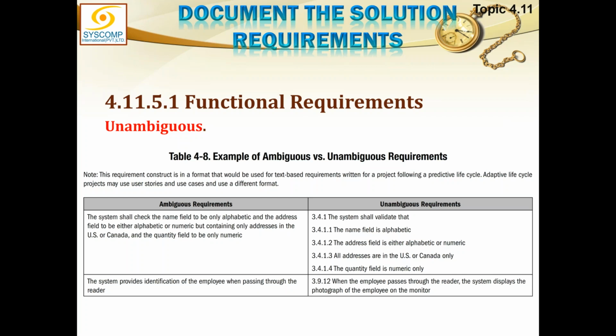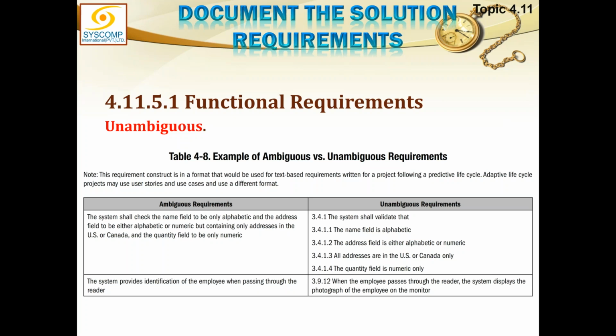So, a lot of things are given here, but these things have to be clarified one by one. So you should say the system shall validate: number one, name field is alphabetic. Address field is either alphabetic or numeric. All addresses are in US or Canada. The quantity field is numeric. This is concise and unambiguous. Make the things clear. Such a long sentence can be misinterpreted.